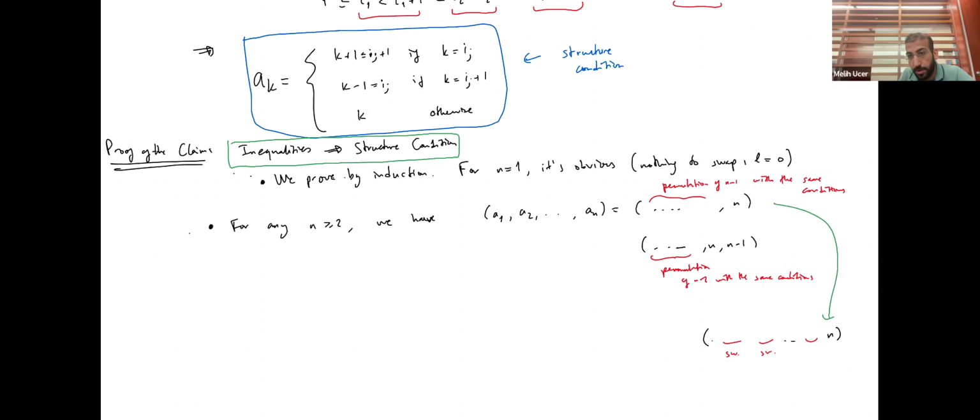In this one, it's like this. So there are swaps inside here. The last one is not in the swaps. But for this one, what we basically see is there are swaps, and including the last two, n minus 1 and n, also swapped.